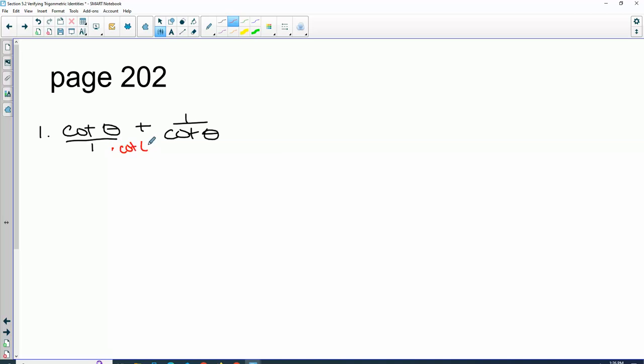So we can multiply by cotangent on top and bottom. So cotangent times cotangent is cotangent squared over cotangent, plus 1 over cotangent.